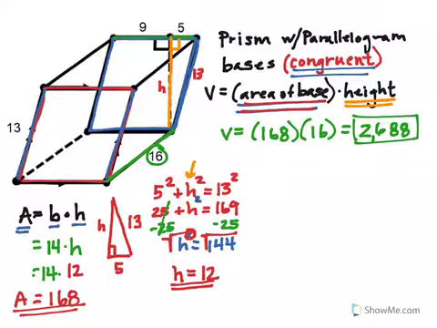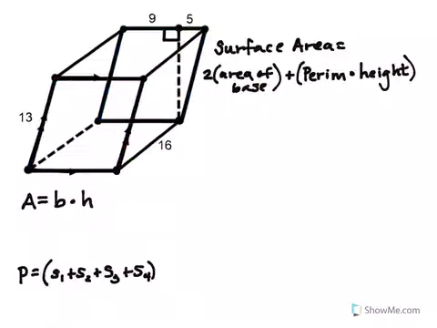So then if we're solving for the surface area, we want to remember this because this area comes into play with the surface area. So my formula for surface area is 2 times the area of the base, which we said was 168. So we can go ahead and plug that in, 168. And then we want to add to that the perimeter times the height.